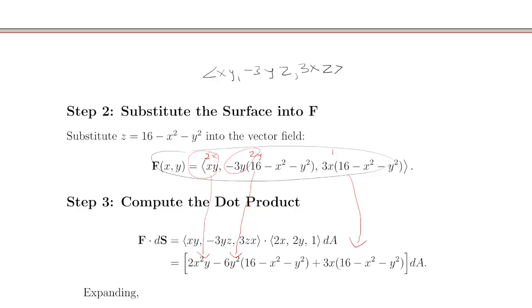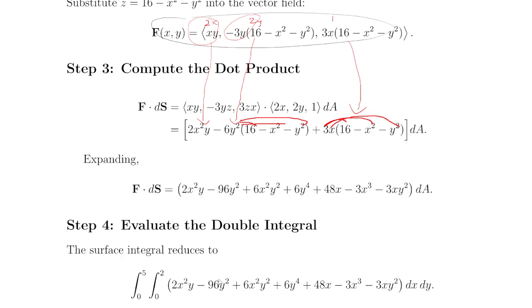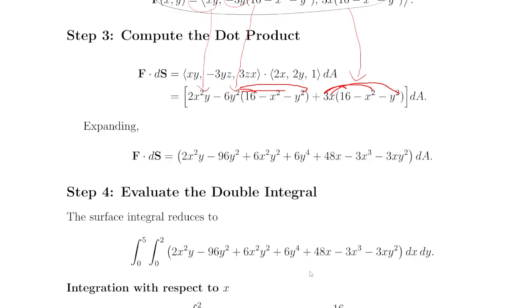Adding these, we can expand it, distributing the negative 6y squared and the 3x with these terms, and then simplify this. So this is what goes inside, the F dot dS.